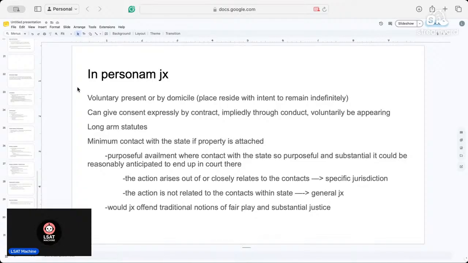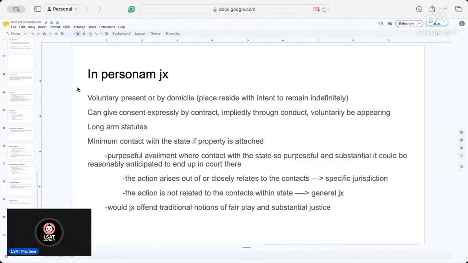So for in personam jurisdiction, which is a type of personal jurisdiction, you can get it by being voluntarily present before the court, or by being domiciled in that state, or by contracting, explicitly consenting to appear.